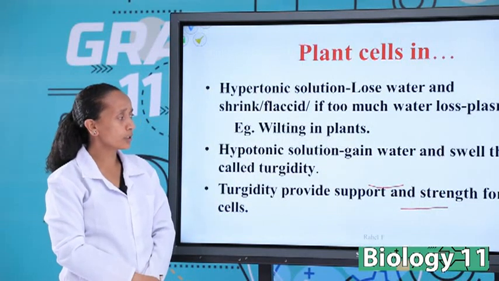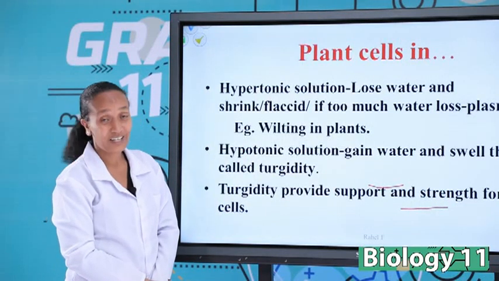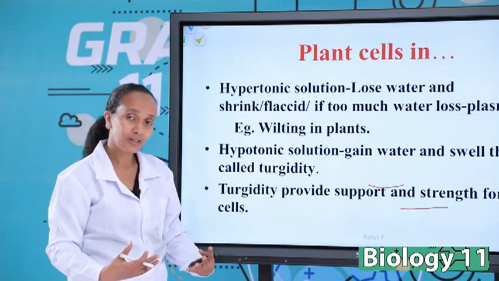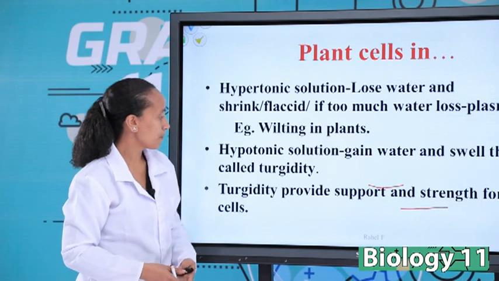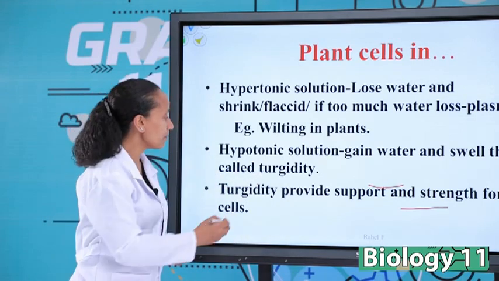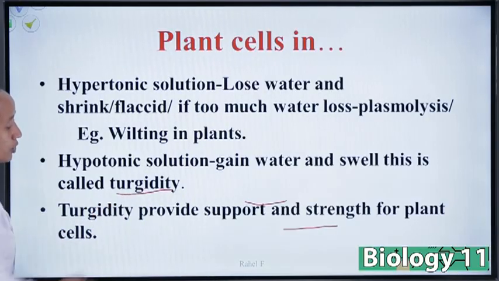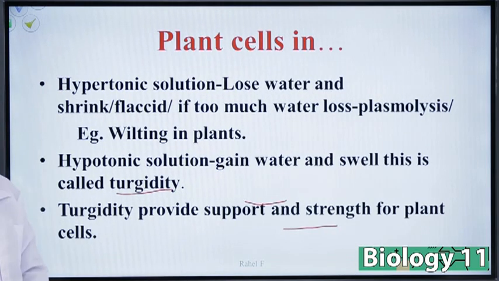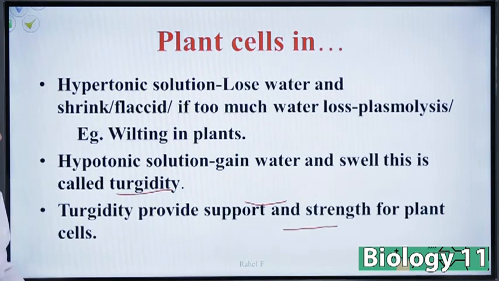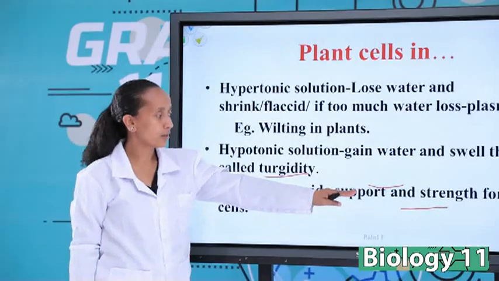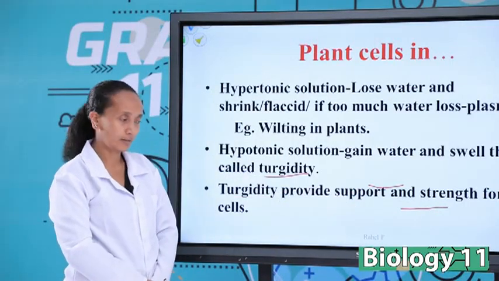In hypotonic solution, plant cells gain water and swell, but what makes a difference from animal cells is that plant cells do not burst, but they become turgid, and we call the condition turgidity. This is very important for plants, especially woodless plants or those plants with no wood. This gives support and strength for the plant.